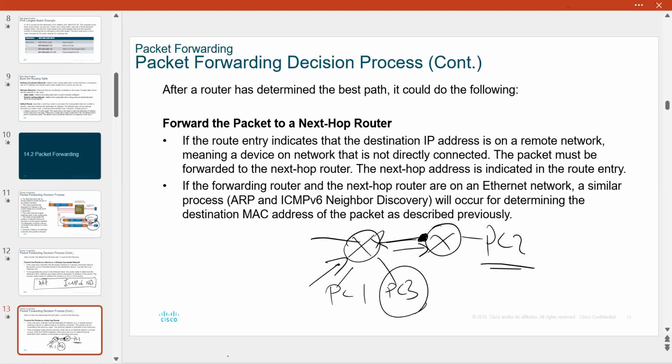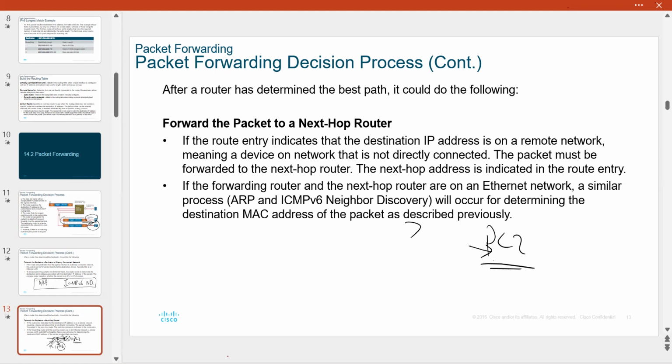The router looks in its ARP table, or if it's IPv6 it does neighbor discovery, to find the MAC address. If it's not there, it sends a broadcast, and the reply gives the MAC address. Then encapsulation at layer 2 is done, the frame is sent, and on arrival here the same process we did earlier toward PC3 happens: the ARP table is checked, if it's not there a request is sent, and the information reaches PC2.